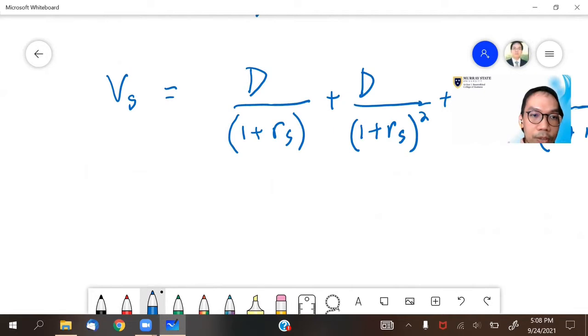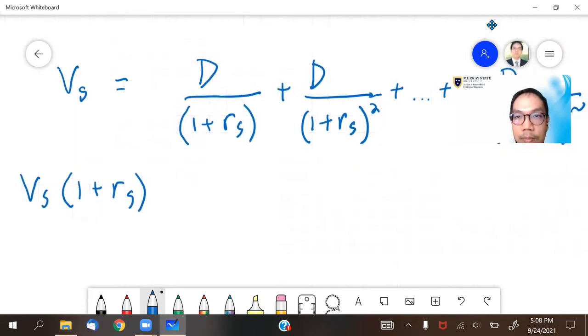Let's say VS is multiplied by 1 plus required return by stockholders on both sides.